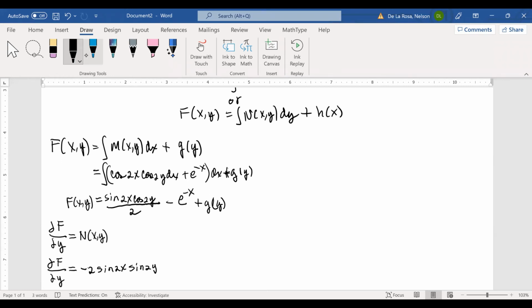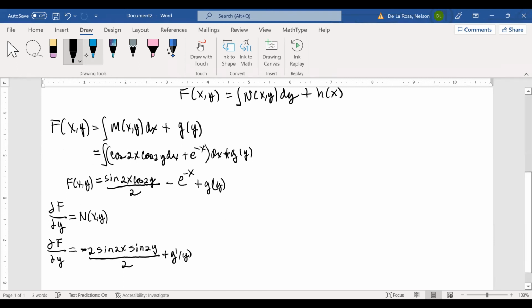This sine of 2y is coming from finding the derivative of cosine of 2y, which is minus. The minus we wrote in the front, divided by 2. Plus 0, because the derivative of negative e to negative x is simply 0, because e to negative x depends on x, and the derivative we're finding is on y. Plus g prime of y. Then that is going to be equal to N of x comma y.